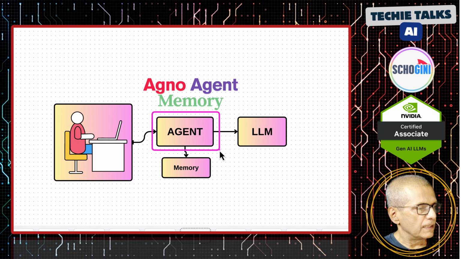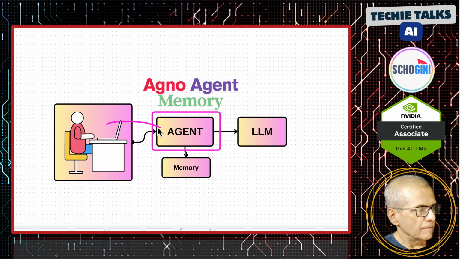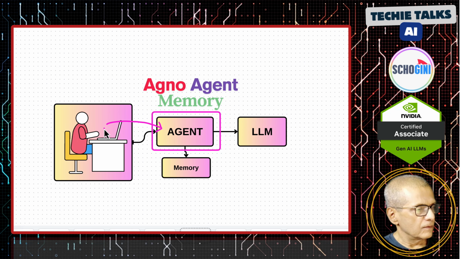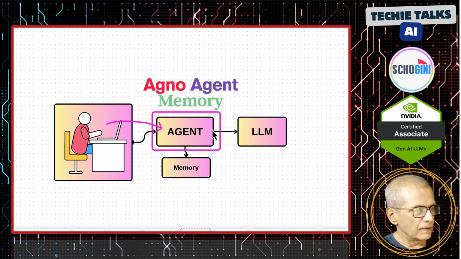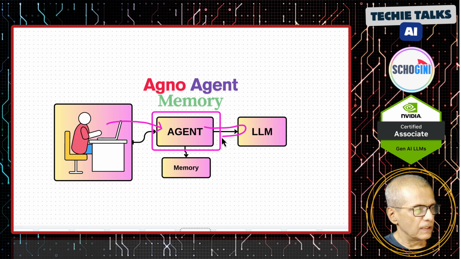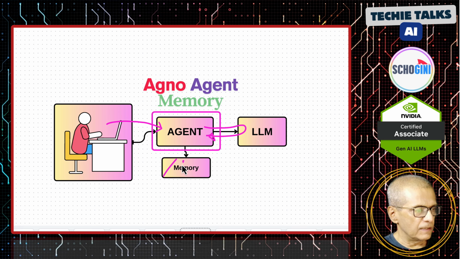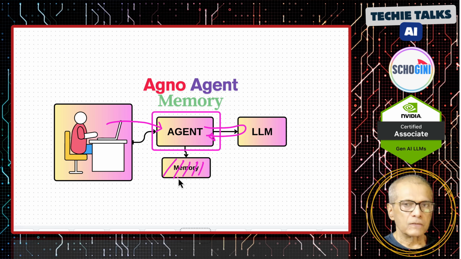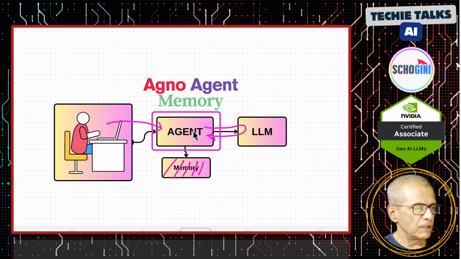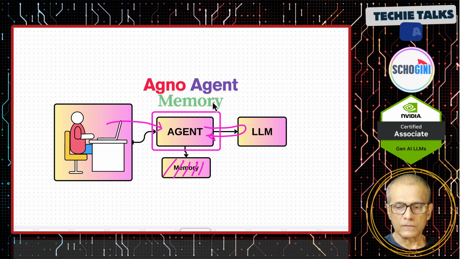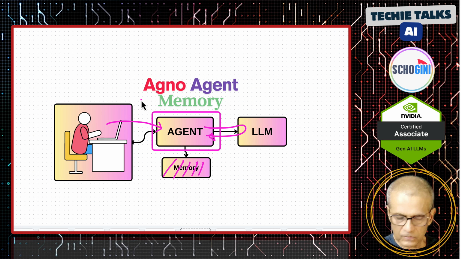When we build an agent, user interaction happens with the agent, and it is the agent that talks to the LLM and responds back. So it is important that we maintain a local memory so that conversation history can be added to the interactions. That is what we are going to see in this demo.